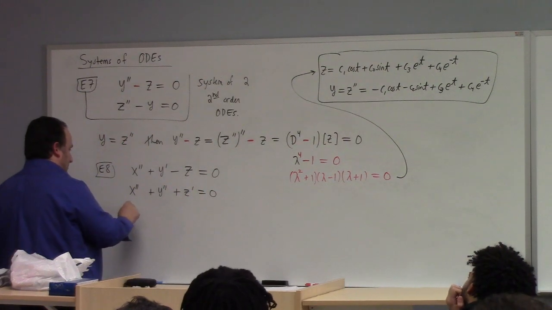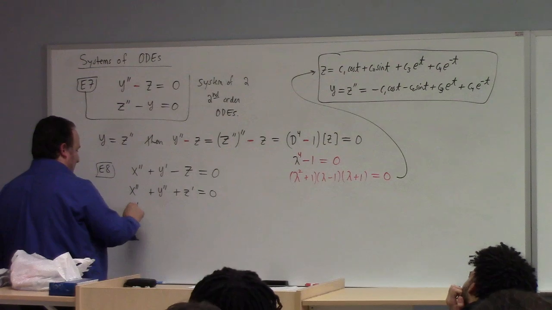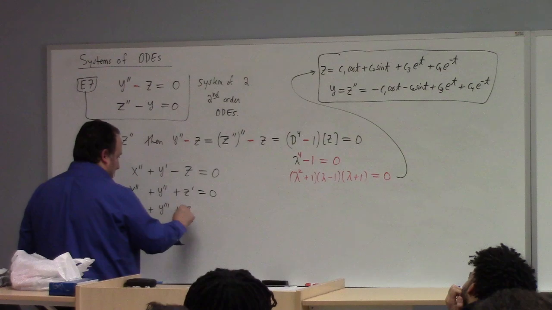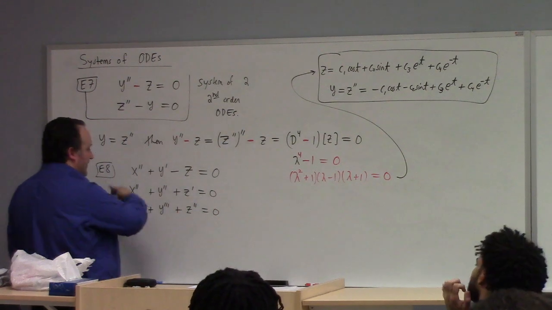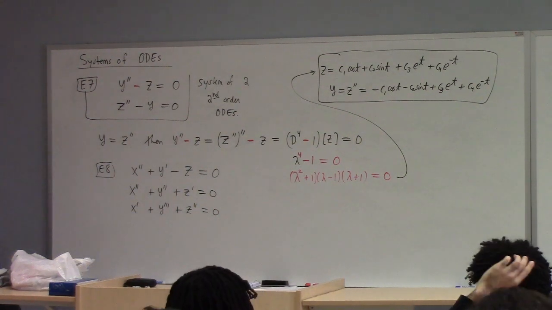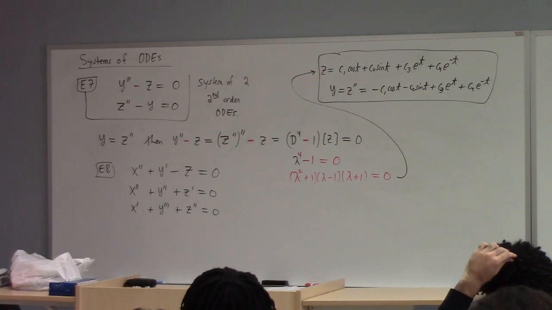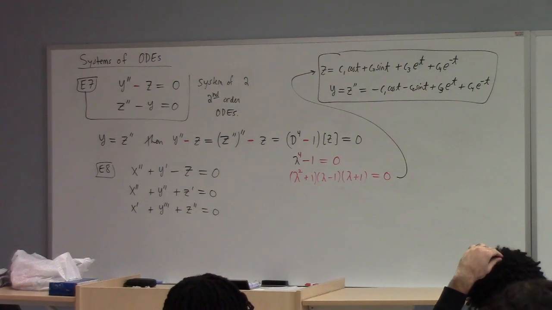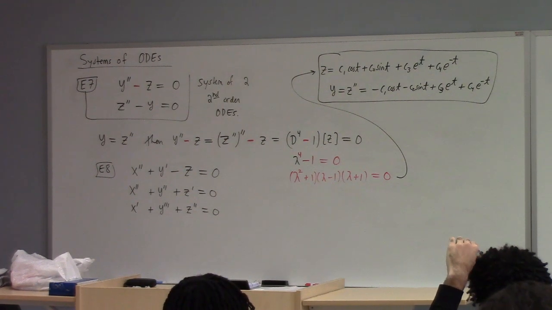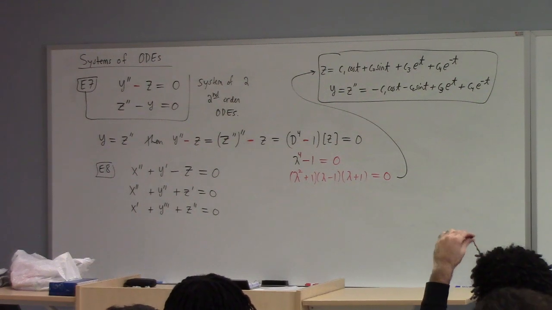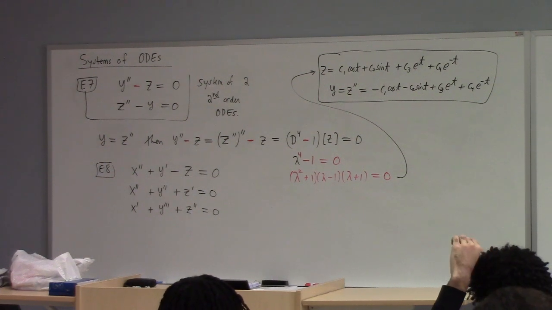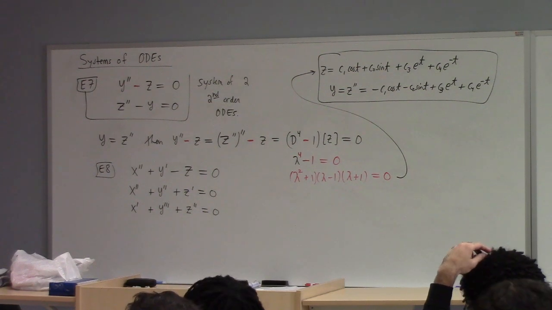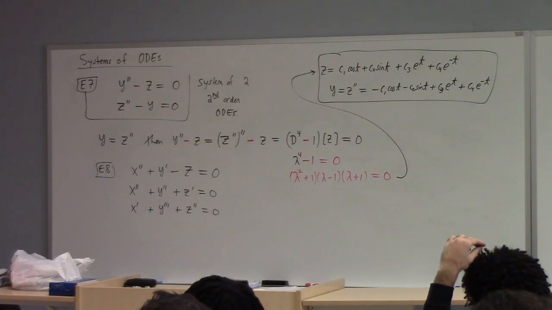And x prime plus y prime prime prime plus z prime prime equals 0. I could do something like that. And then, all of a sudden, your ad hoc method is much harder. This is really not a fair attack on the ad hoc method, because truth be told, this problem would also be very difficult for us to solve with matrix methods as well.